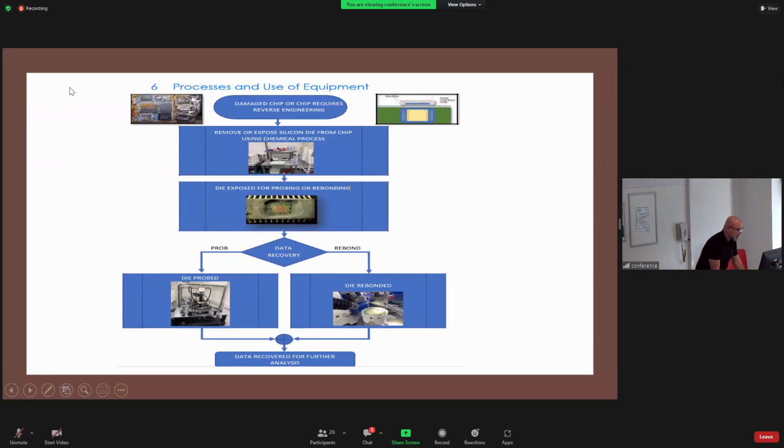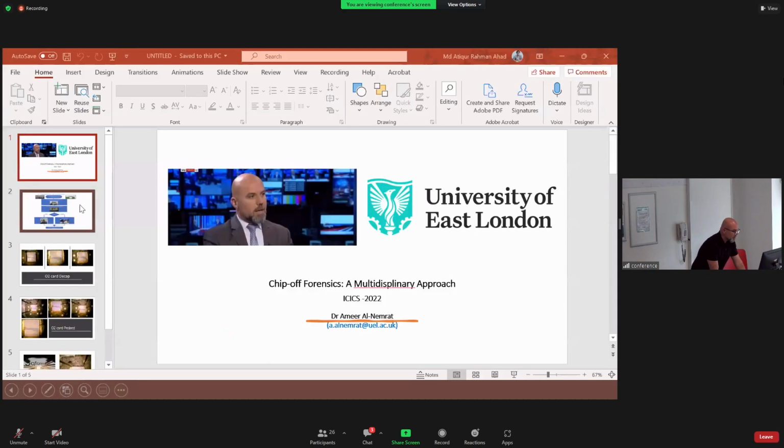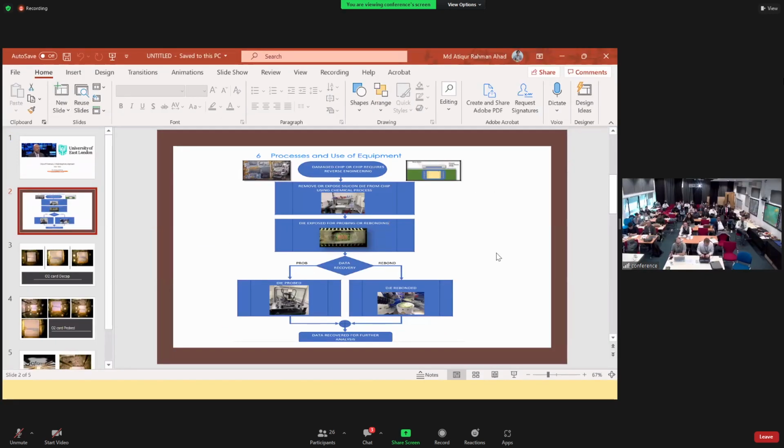Let me show you what we usually do in our laboratory downstairs. We are interested in reverse engineering research and techniques.